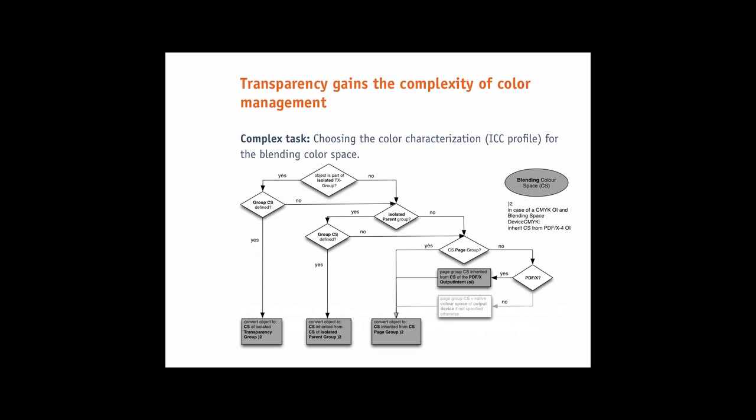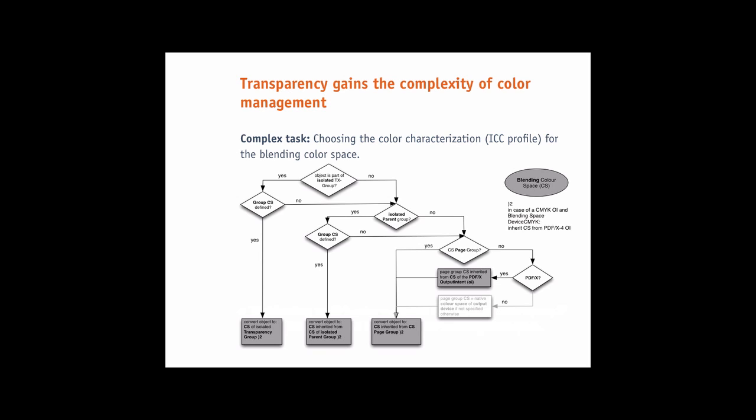Which one to take depends on some other aspects of that PDF page. It is whether the object is part of an isolated transparency group. If this one has its own blending space, then this blending space has to be taken.